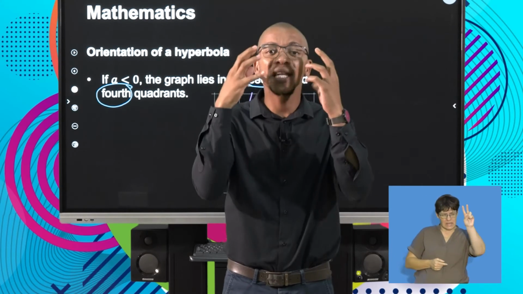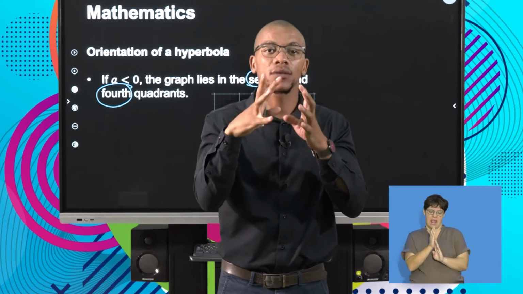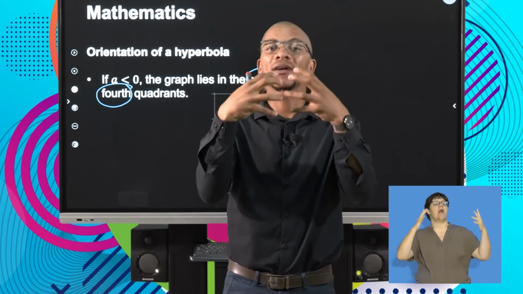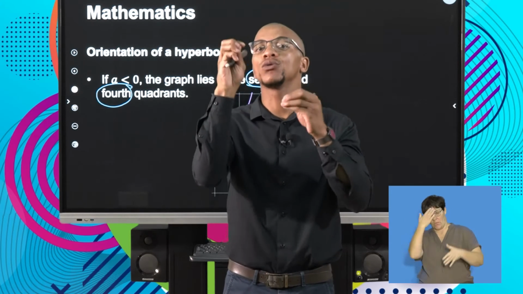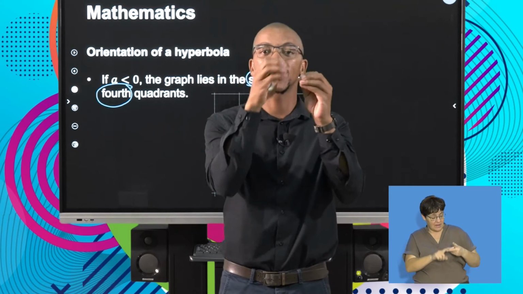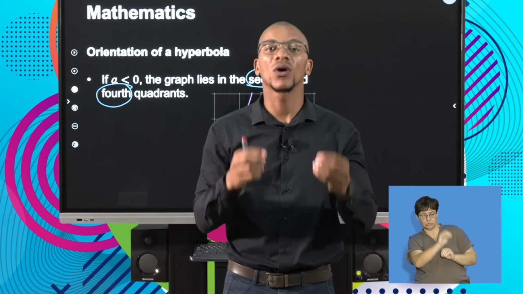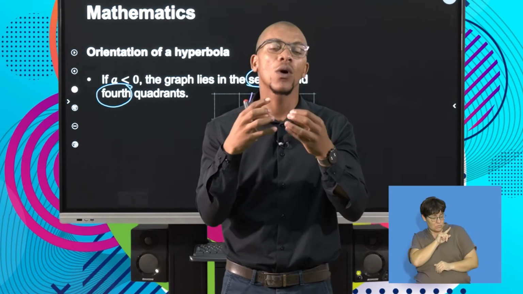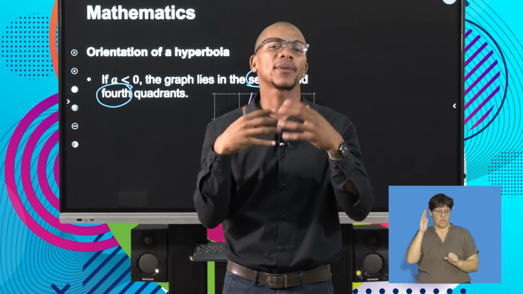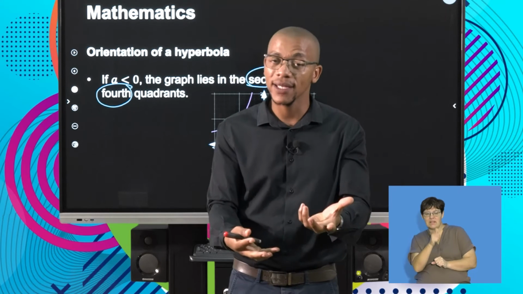So it already gives you a kickstart to say, I know exactly where my graph is supposed to be. The next step will be to find those values that you are going to plot and join them with a curve. So that's why it is important for us to know what the a tells us about where the graph is going to be located.